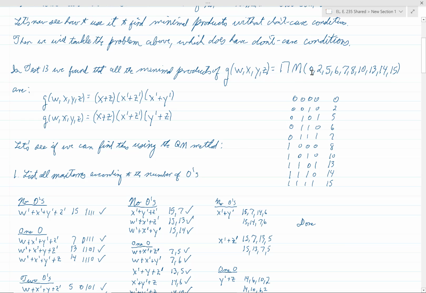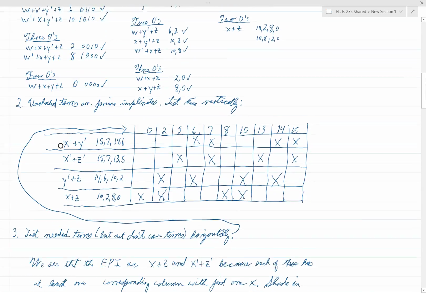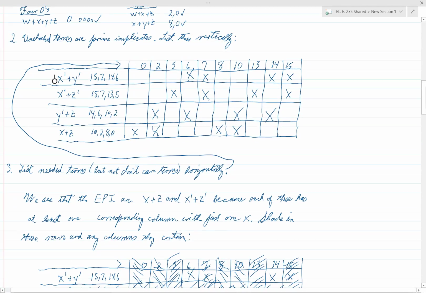All of the max terms, since this is a minimal products problem: 0, 2, 5, 6, 7, 8, 10, 13, 14, 15. So we put all of those numbers there along the top horizontal axis.